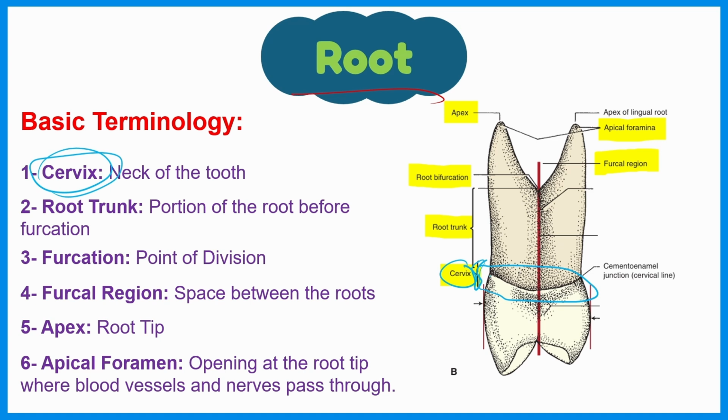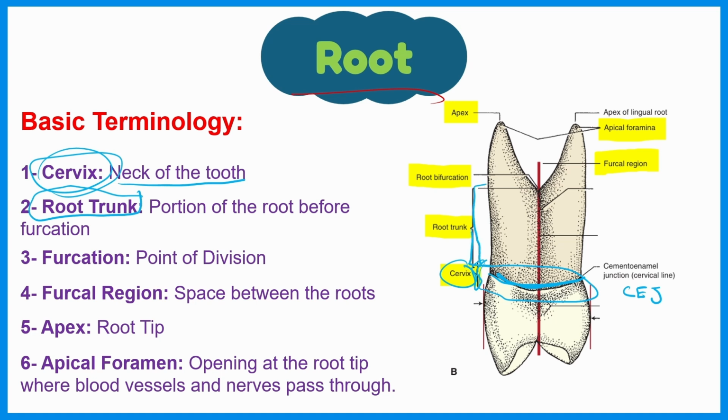Now the cervix has something called the cemento-enamel junction, the CEJ for short. It's just a line that divides the root from the crown. So the cervix is the neck of the tooth. Second thing we've got is the root trunk. The root trunk is the portion of the root before furcation, before division.